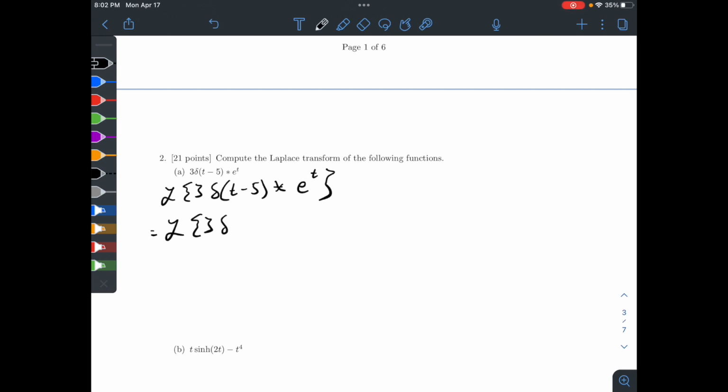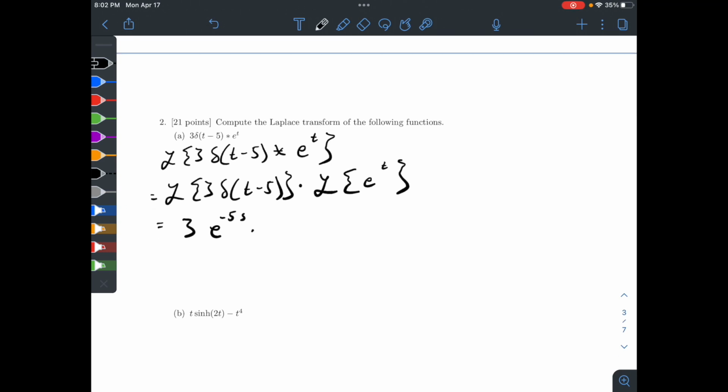So 3 times delta of t minus 5, do that Laplace transform, multiply it by the Laplace transform of e to the t. Laplace transform of delta of t minus 5 is e to the -5s. Laplace transform of e to the t is 1 over s minus 1.